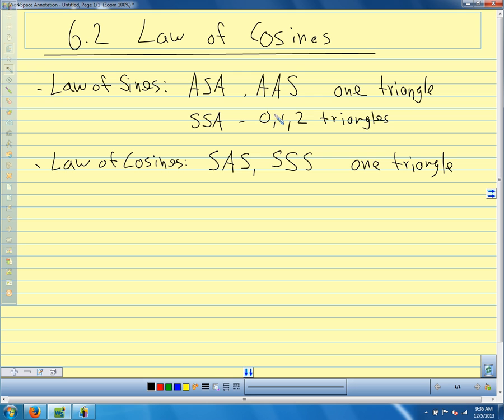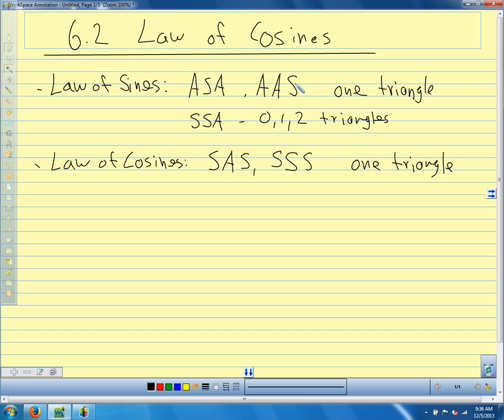That guarantees that we have a unique triangle when we have those combinations. So what I want to do is write down our equations for the two different kinds of triangles, do a couple of examples, and then we'll talk again about where cosines comes from, and then a new area formula.